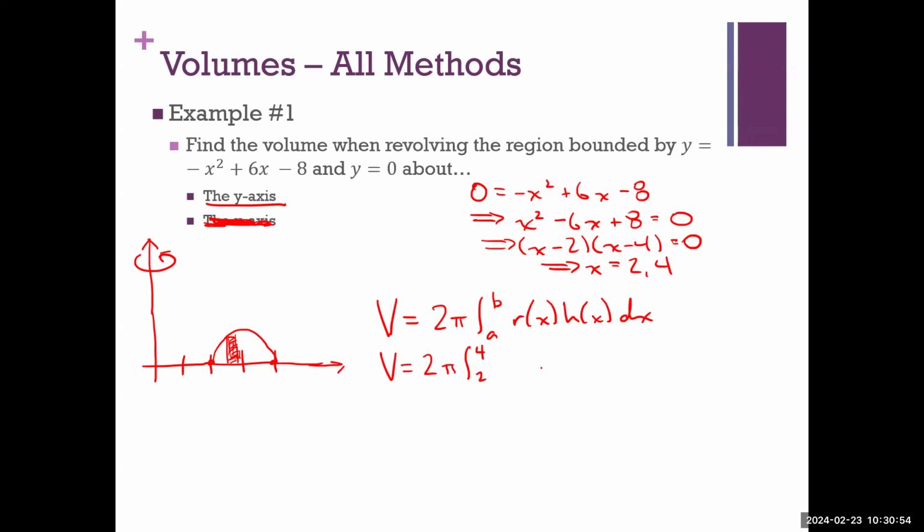What's the radius? Radius should be x. Why is it x and not something like x minus 2 or x minus some other non-zero number? It's the y-axis, where x is 0. Y-axis and x equals 0 are a different name for the same thing. What's the height?